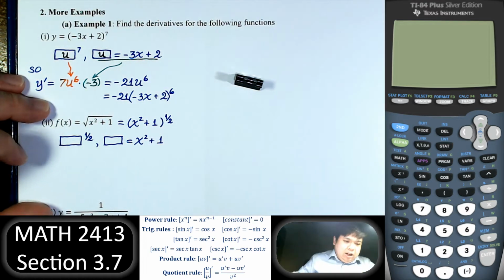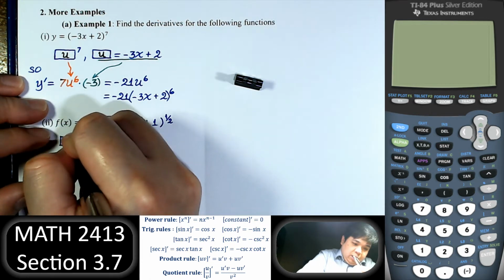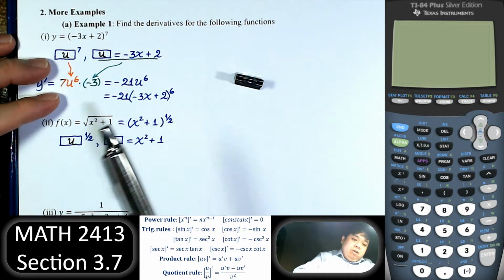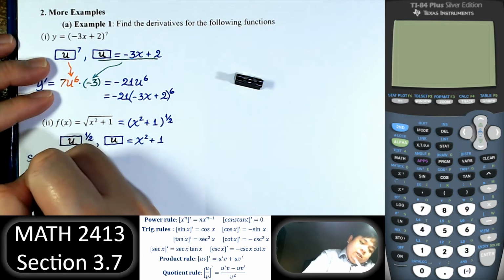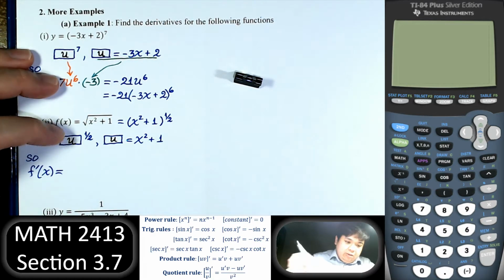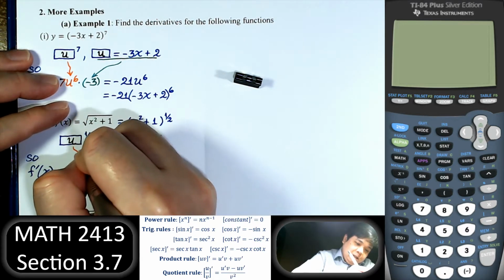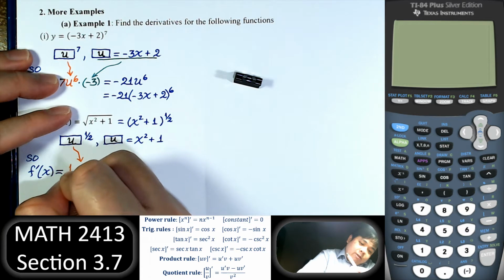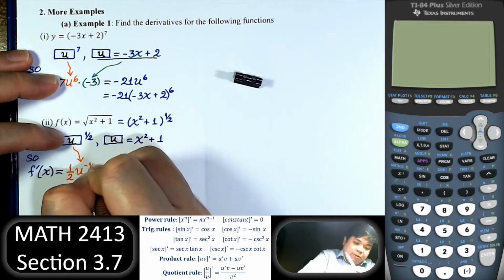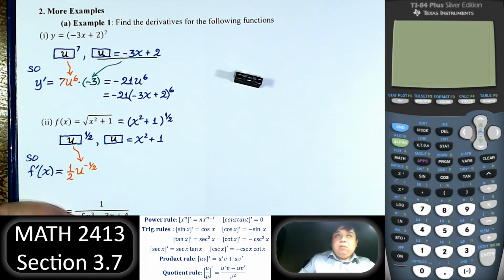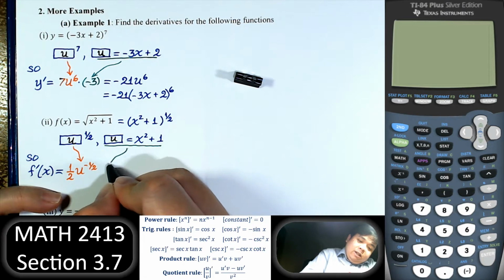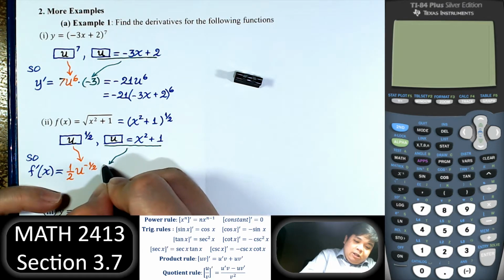Right. Now let's label the box something, and then we'll take the derivative of each one of them. First, the derivative of this is 1/2 u to negative 1/2, and the derivative of this, a function of x, is 2x.